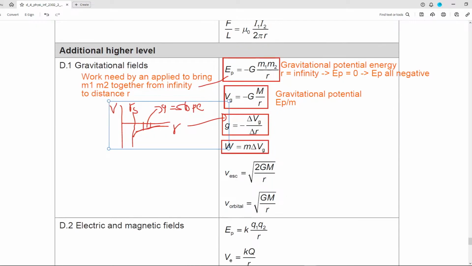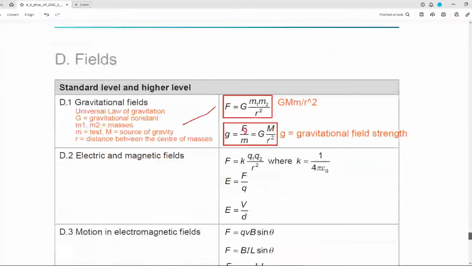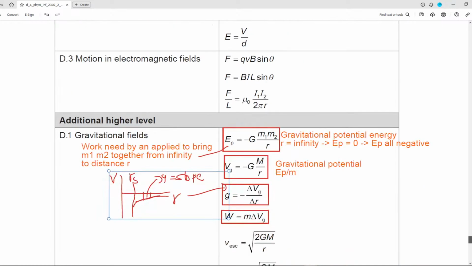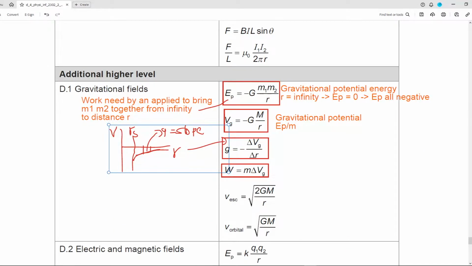So everything from earlier is linked together. The gravitational field strength and gravitational potential are actually linked together. I didn't really define what they are, but I will be careful at a given point.